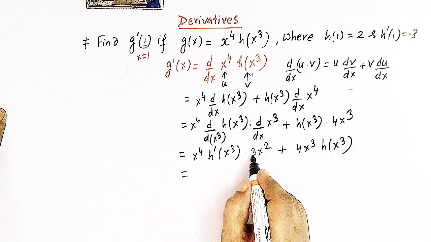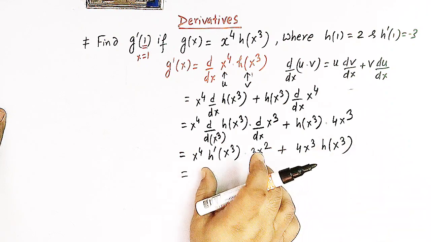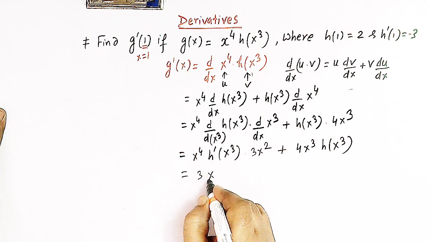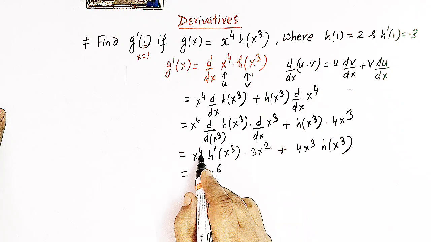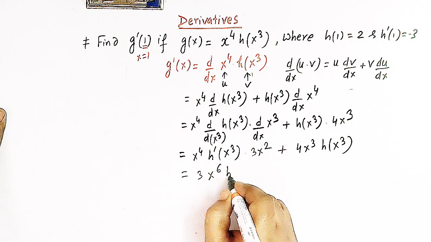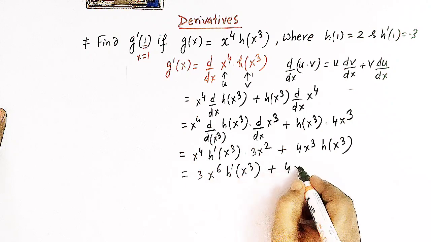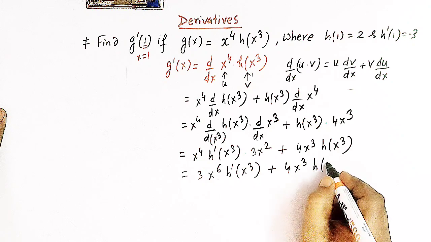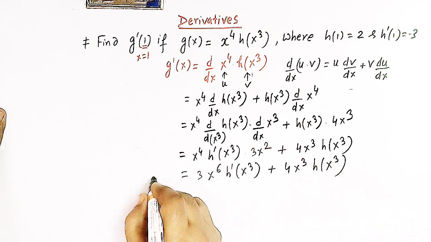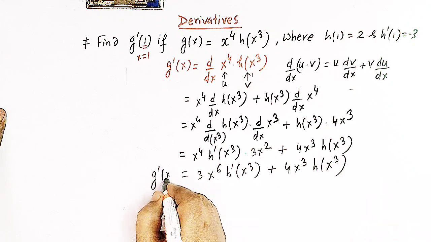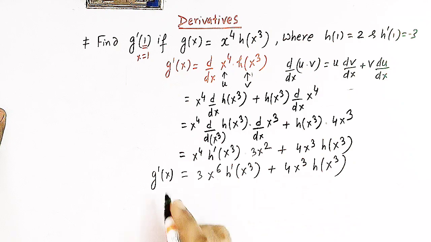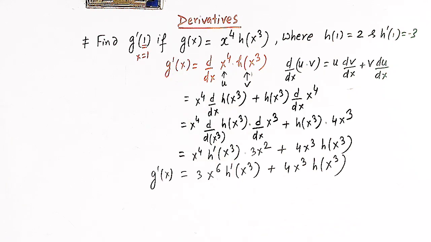So now we can write this expression as 3 times x raised to 6, since 4 plus 2 is 6, times h prime of x cube, plus 4x cube times h of x cube. So this is the derivative of g of x.